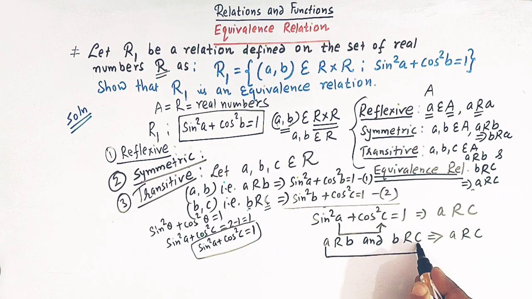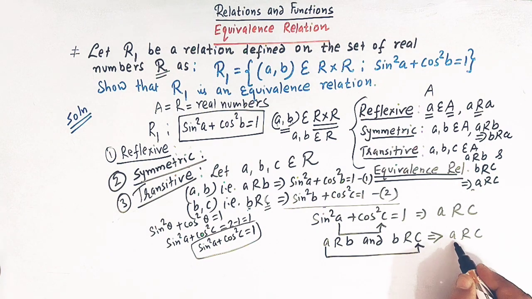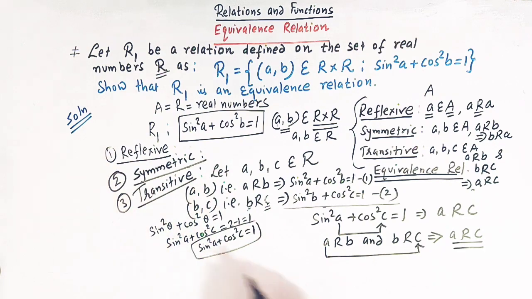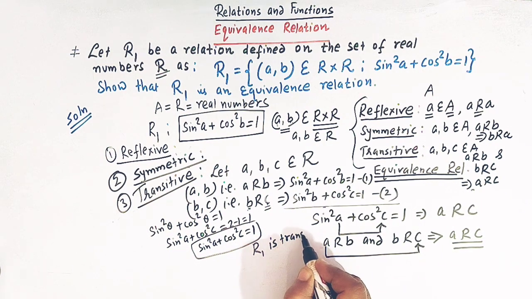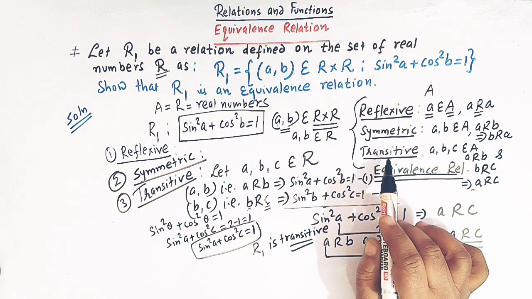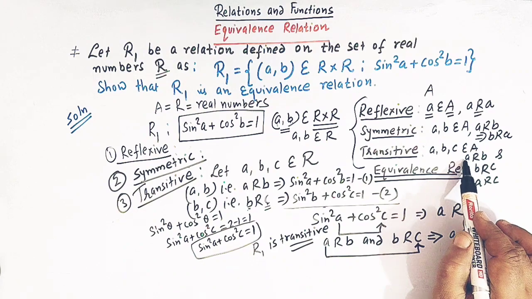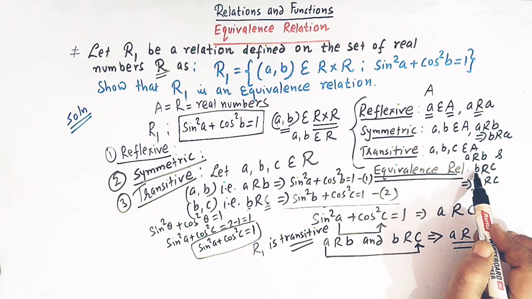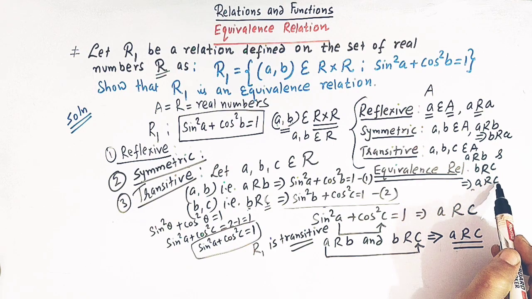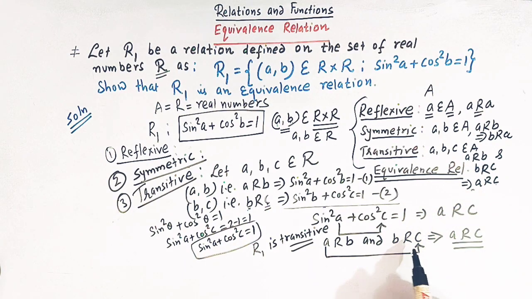And this suggests that this relation R1 is transitive, because it obeys the definition of transitive relation, which says that if A is related to B and B is related to C, then A is related to C, right? And this is exactly what we have obtained.